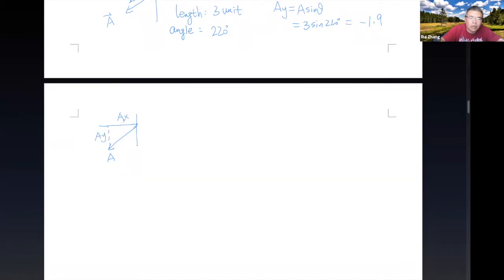So if you just look at the triangle here, if this angle is theta, then using the trig functions you learned, if you know A and theta, then Ax over A is cosine theta, and Ay over A is sine theta, okay? Because adjacent divided by hypotenuse is cosine, opposite divided by hypotenuse is sine, right?